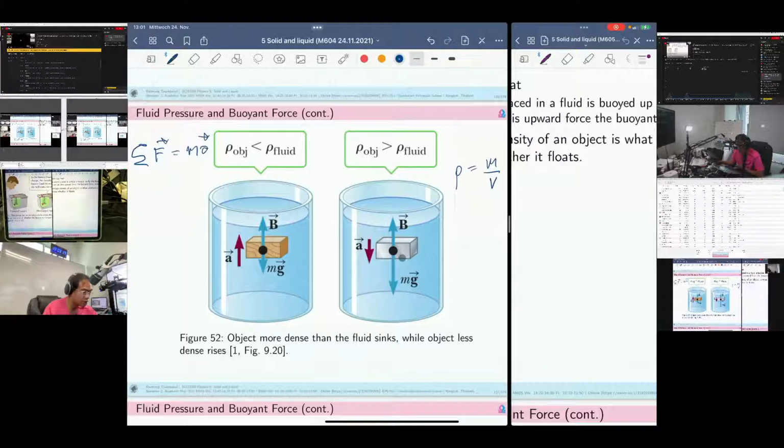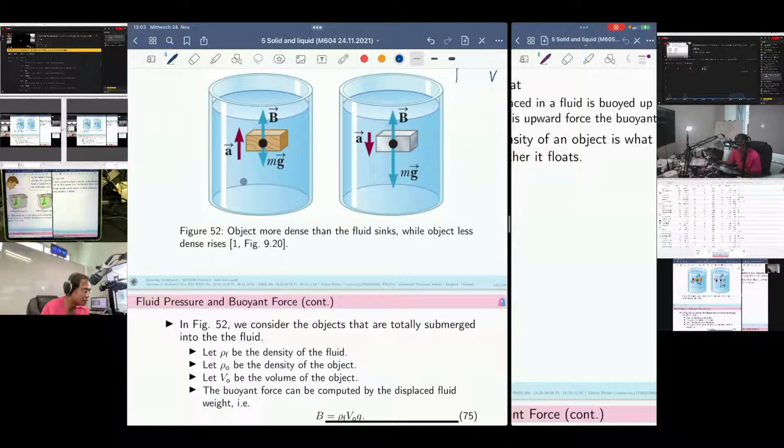Let rho F, rho with subscript F, be the density of the fluid. Let's say the fluid inside the glass has the density rho F, and rho O be the density of the object. Let's say this cube here has the density denoted by the variable rho O, right?